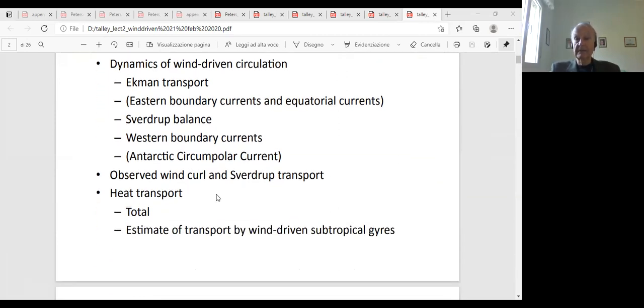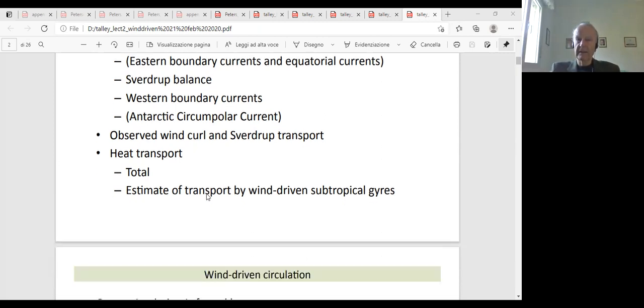The heat transport: on one hand we have heat transport due to the thermal and saline differences between north and south, between the equator and the polar areas. So this is the total heat transport, but we can also estimate the transport by wind-driven subtropical gyres, separating the wind-driven heat transport from the total transport due simply to the horizontal gradient of heat content.